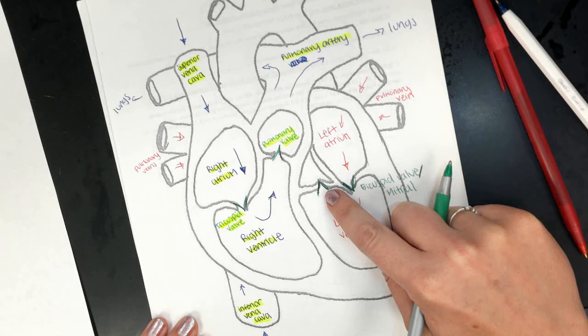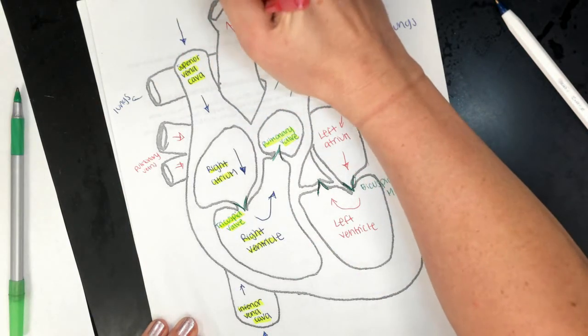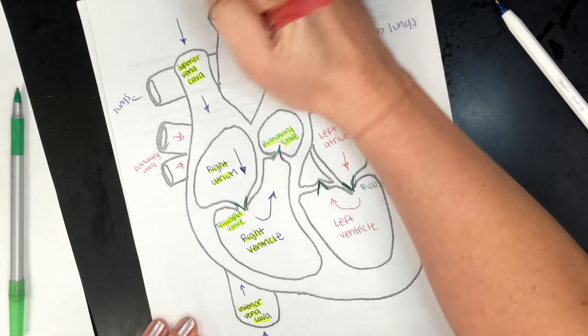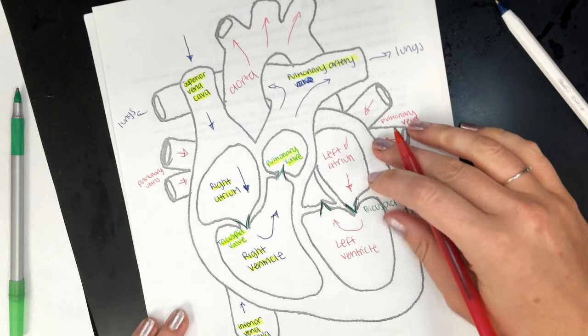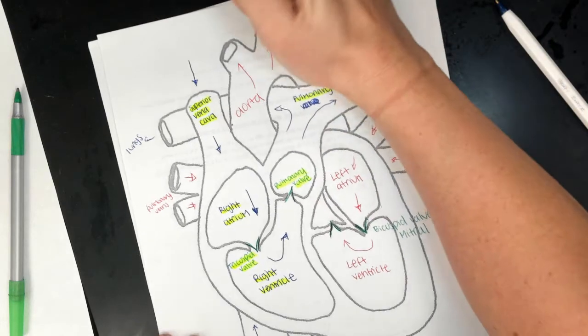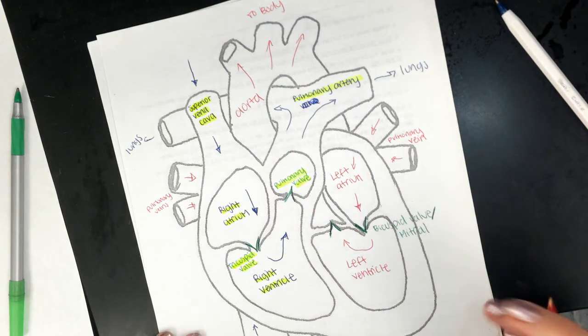This one is going to the aorta, which you guys are probably familiar with. The aorta. It's this big structure on the top. This is where we get the blood out to the body. Okay.